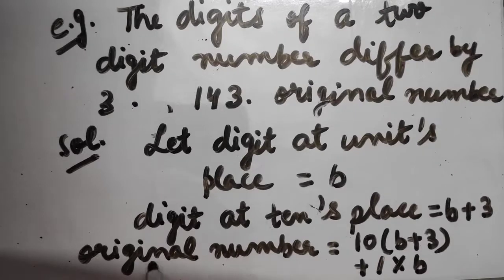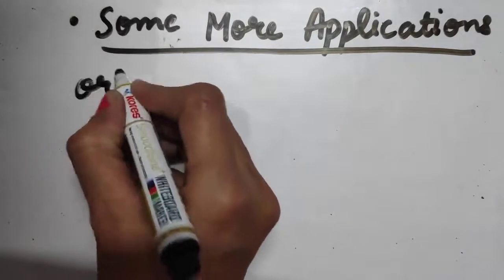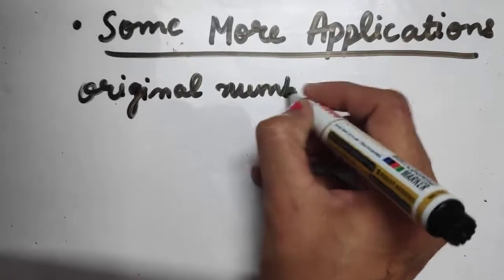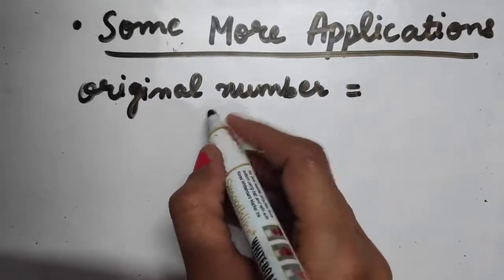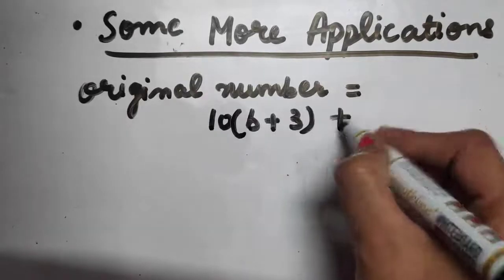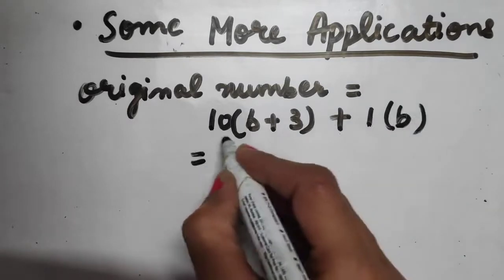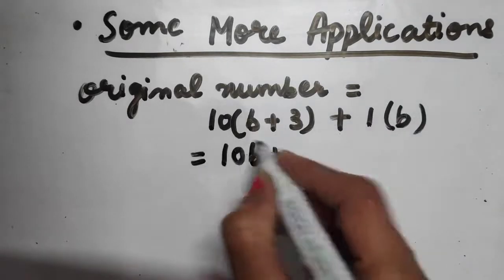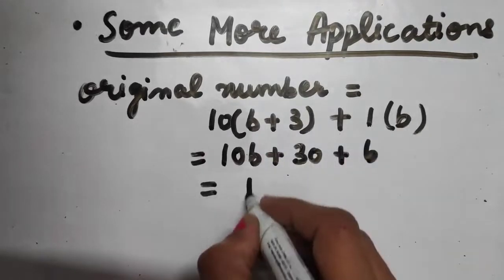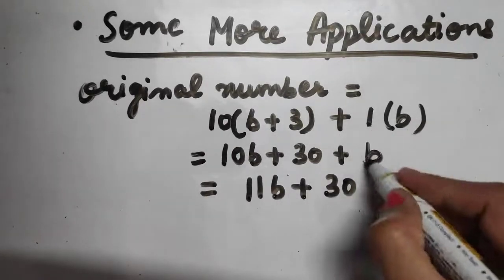So the original number is equal to 10 into (B plus 3) plus 1 into B. So it will be 10B plus 10 into 3, it will be 30, plus B. So it will be 11B plus 30.